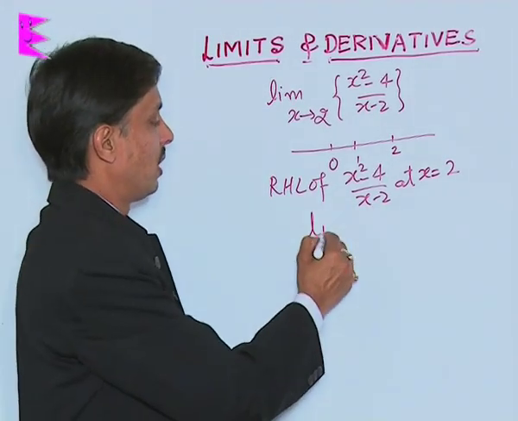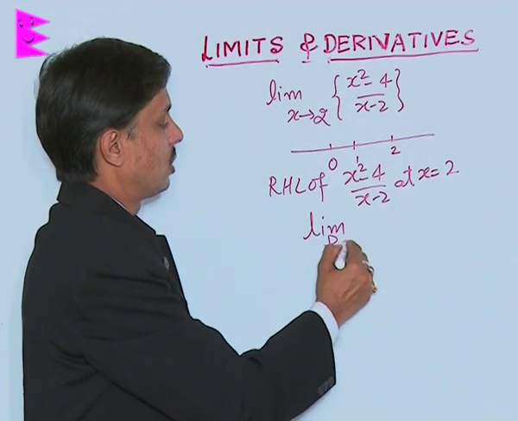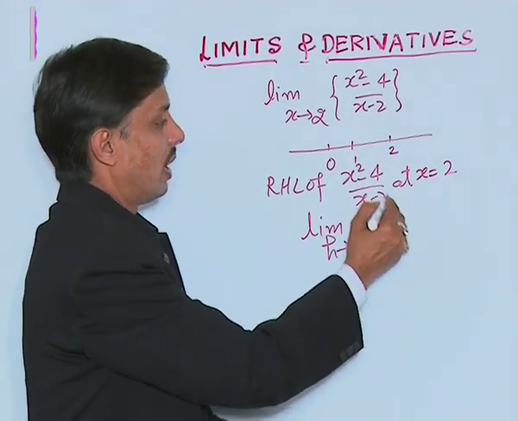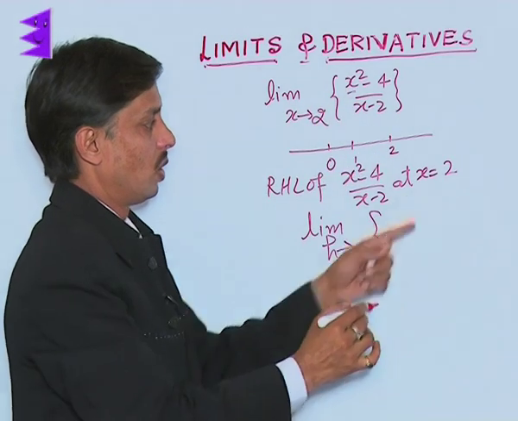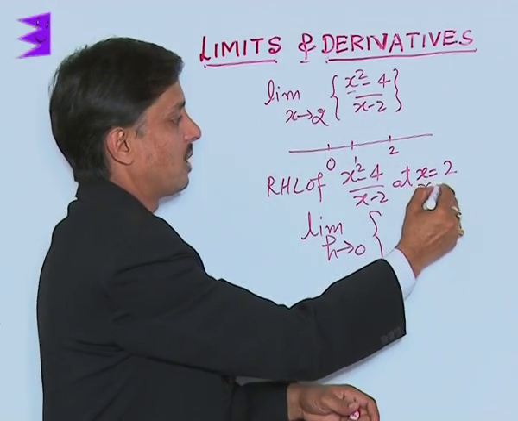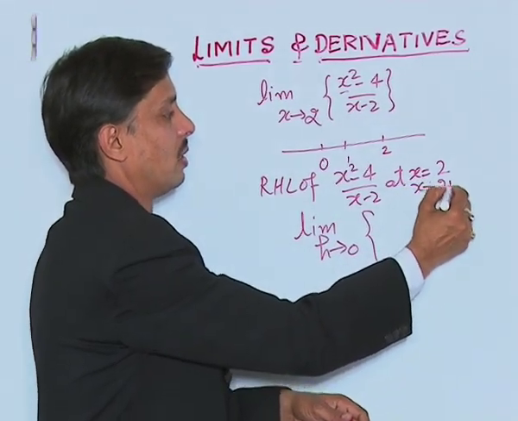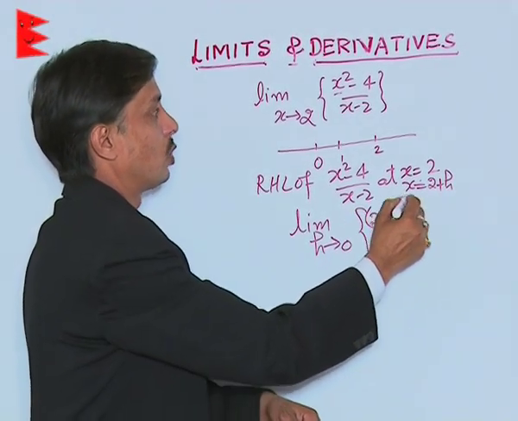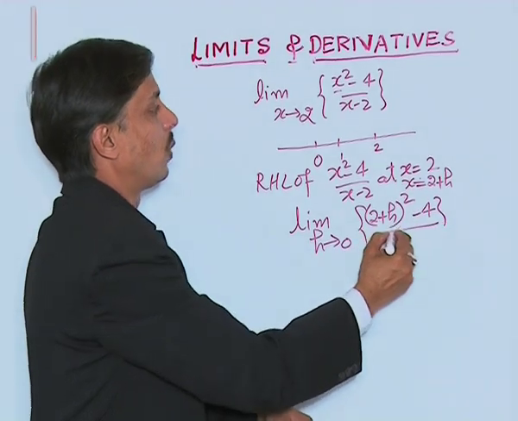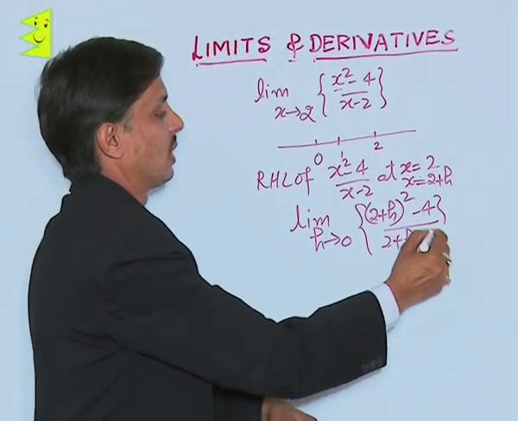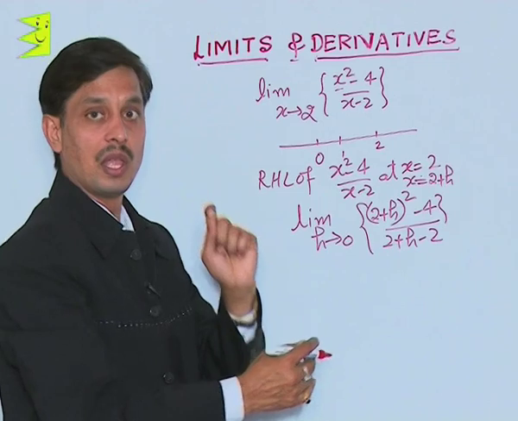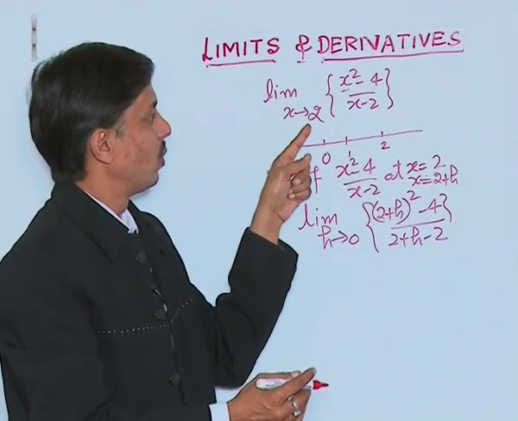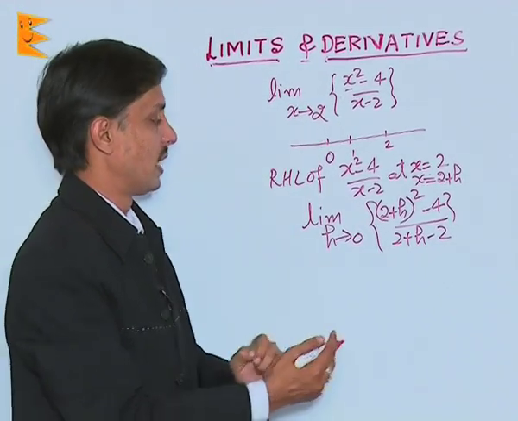So we will write it as limit h tending to 0. In place of x, x will be supplied by 2 plus h. So this becomes 2 plus h whole square minus 4 upon 2 plus h minus 2, meaning everywhere in x we have put 2 plus h.